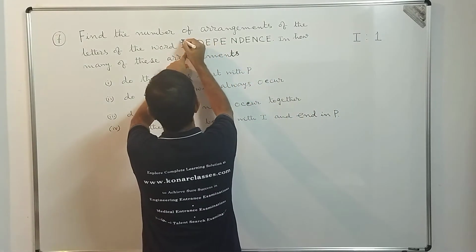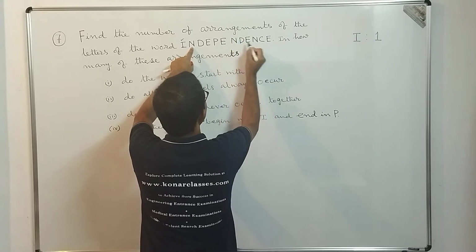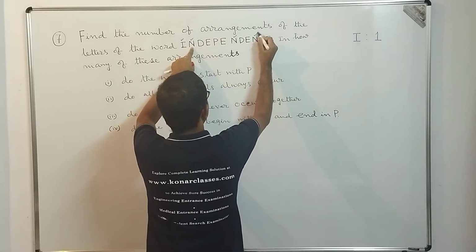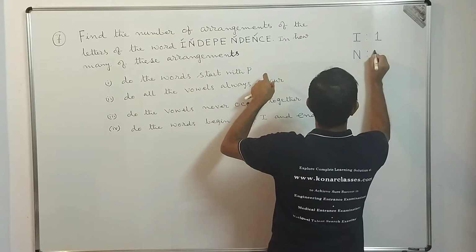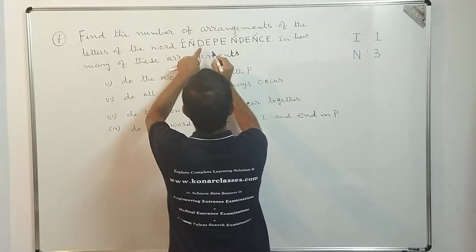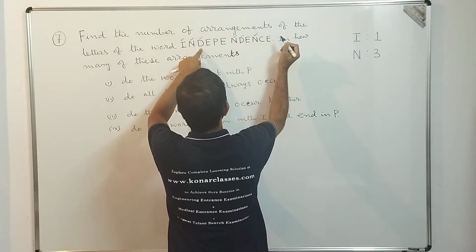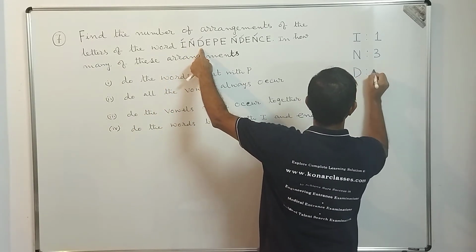Okay, so I is done. Then n occurred 1, 2, 3 times. Then D occurred 2 times.